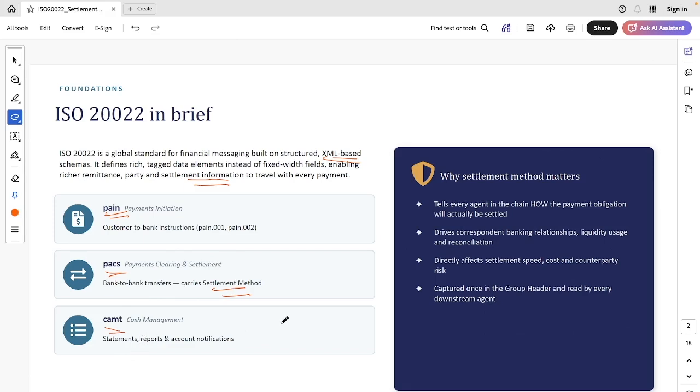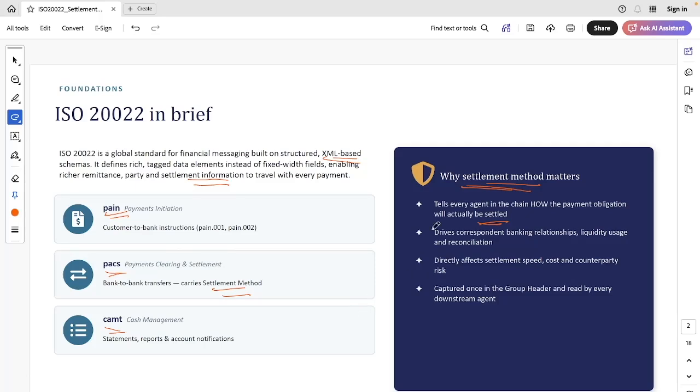Now, the basic question is why does the settlement method matter? Because settlement method tells every agent in the chain how the payment obligation will actually be settled. For example, will the money be settled using a direct accounting relationship between two banks? Will it go through a clearing system, or will it require a separate cover payment through correspondent banks?